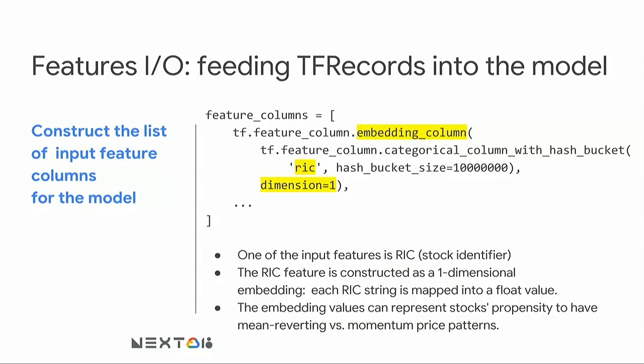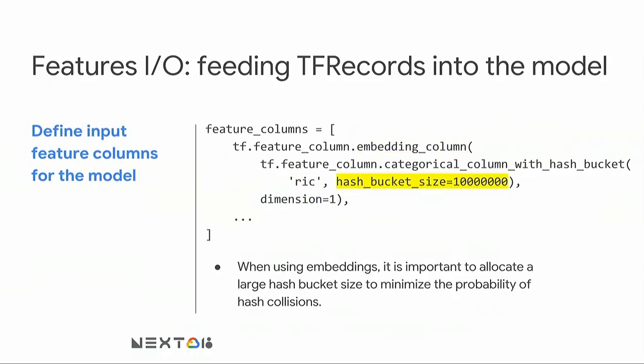And this numeric value may represent, for example, stock's propensity to have mean reverting versus momentum price patterns. And one caveat that you need to be aware of is when you use embeddings, you want to make sure that you set hash bucket size to large enough value, because you certainly want to avoid collisions in the hash map used for embeddings as much as possible. Because essentially, when you have collisions, the model doesn't distinguish between 2 different rigs in this case, and you don't want to do that.